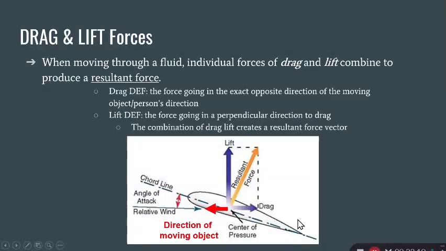Drag force is going to the right, and lift force, based on how this is angled, which we'll talk about a little bit later, is going to go vertical. This is creating a 90-degree angle, and the combination of the two forces creates a resultant force vector going this direction. And so this is the direction that this plane's wing would go based on drag and lift.